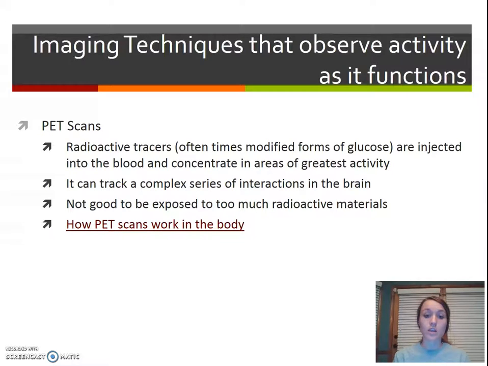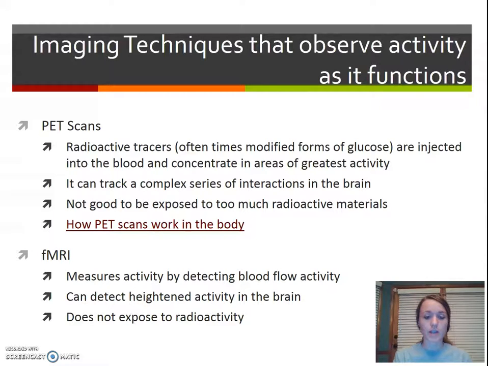And so then the scanner will pick up where the activity is and will be able to image and observe that area. And so this will also allow doctors to check for diseases and to track normal functioning. So that's a PET scan.